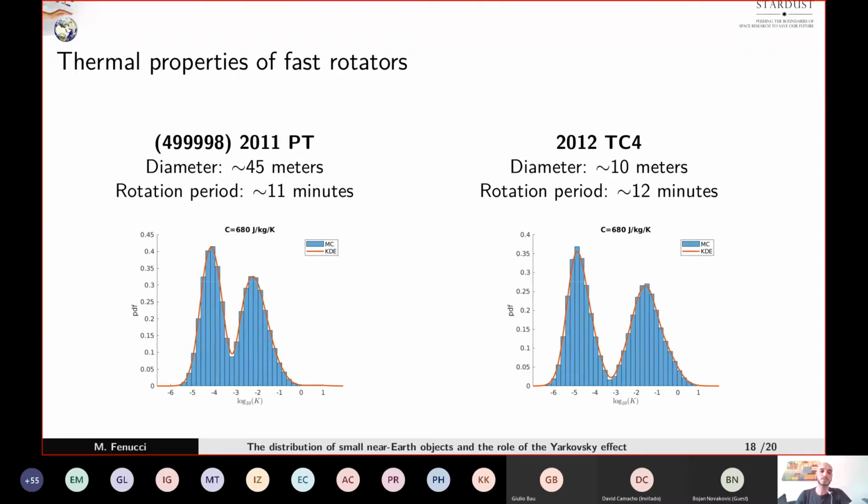So this shows that actually also small guys and also fast rotating asteroids can have this small thermal conductivity of the surface, which was kind of unexpected because these small values of conductivities are mostly associated with the presence of regolith or dust, or in general a thermal insulating layer on the surface, which is questionable if a small fast rotator can retain it.